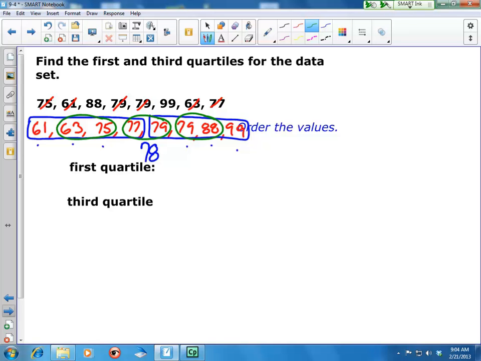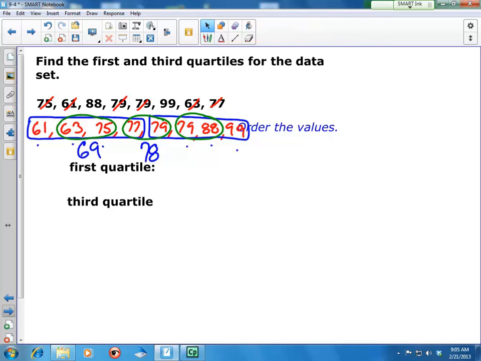Well, what is 63 plus 75 divided by 2? It is not 100.5. Let's try again. 63 plus 75 gives us 138. Divided by 2 is 69. So I know that my lower quartile here is going to be 69.